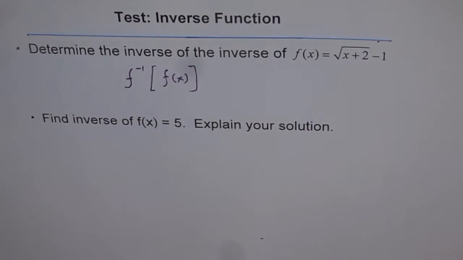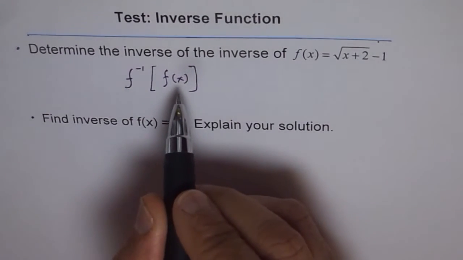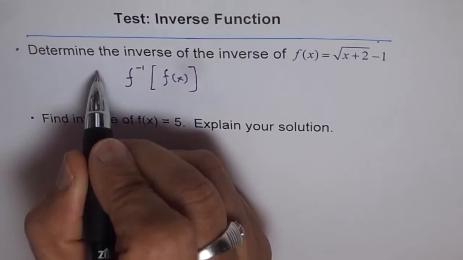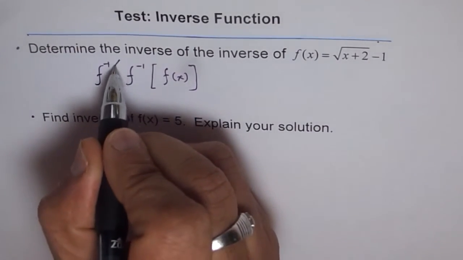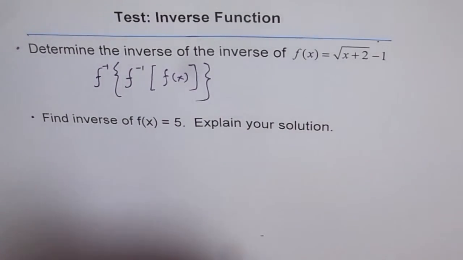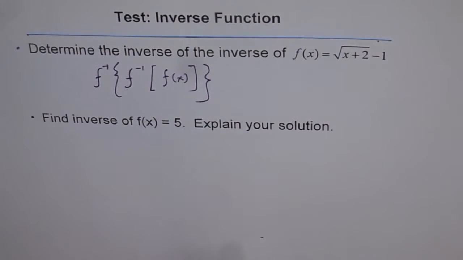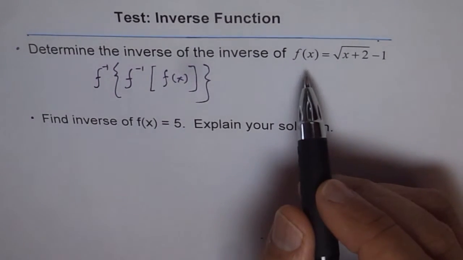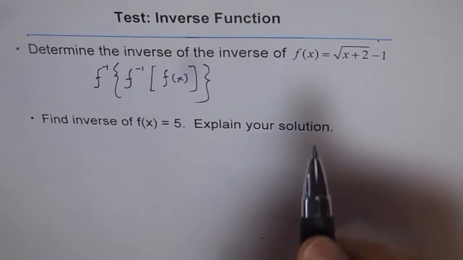First is to find the inverse of the function and then to find its inverse. Do you get it? So what will you get? You will get the function itself, right? So you'll find its inverse and then the inverse will be back to the function.